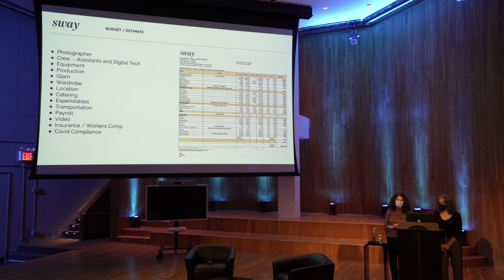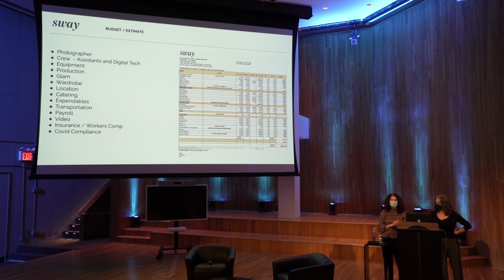So sometimes a client will give you a number, sometimes you have to do an estimate, and oftentimes advertising agencies do triple bids. They're asking 3 different photographers for their bids to see who will give the lowest number. And so we always want to be competitive, but also make sure that people get fairly compensated.